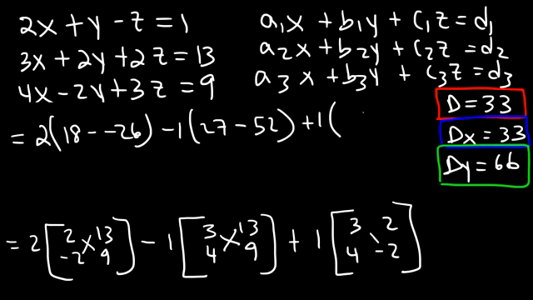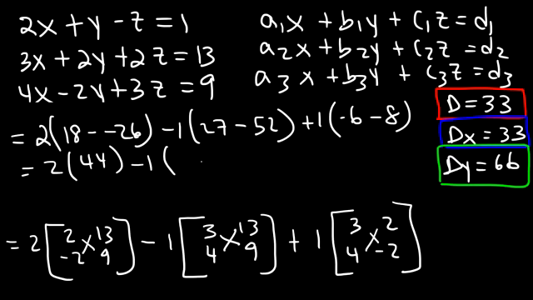And then 3 times negative 2 is negative 6, 2 times 4 is 8. Now 18 plus 26, that's 44. 27 minus 52 is negative 25. And negative 6 minus 8 is negative 14.